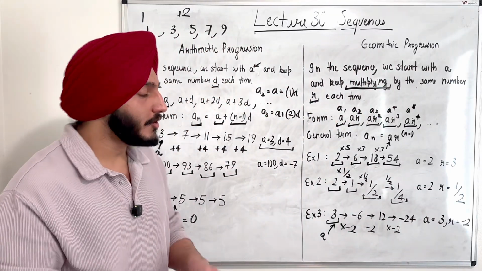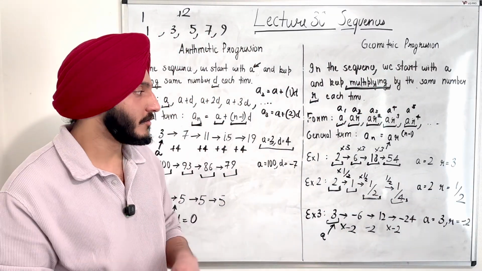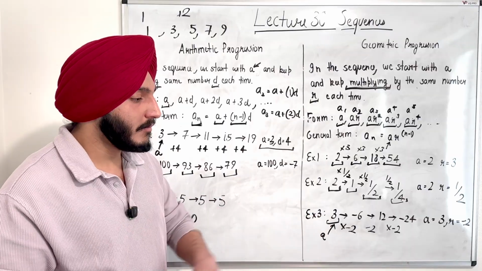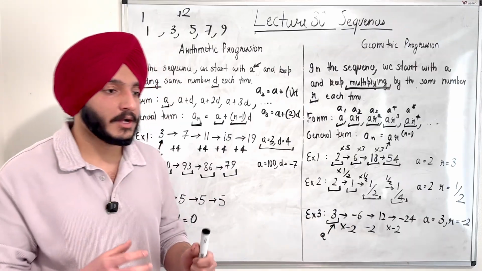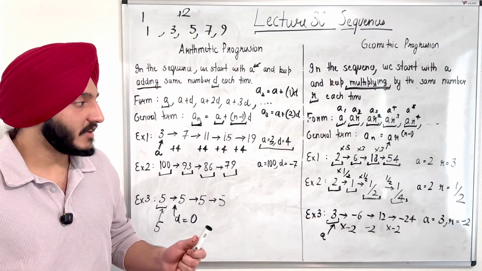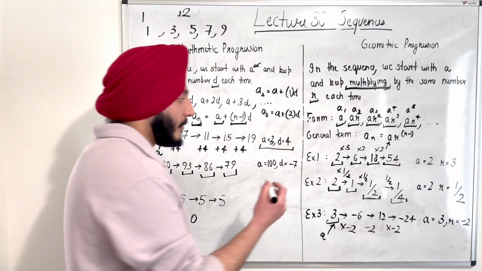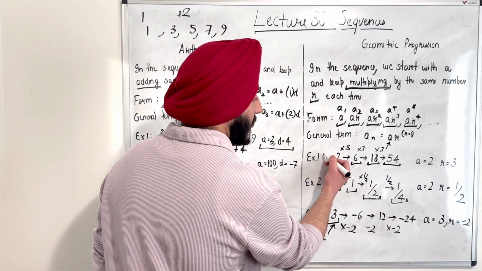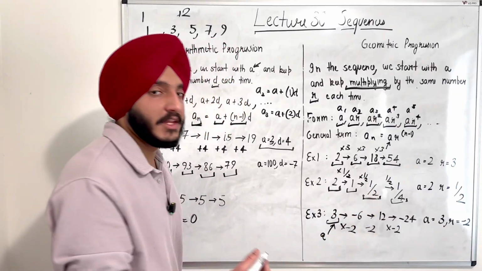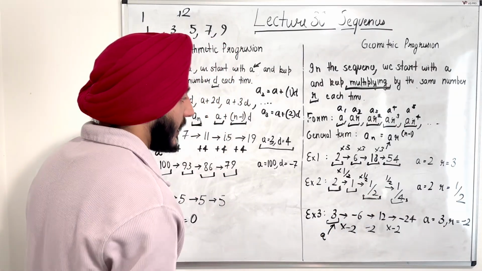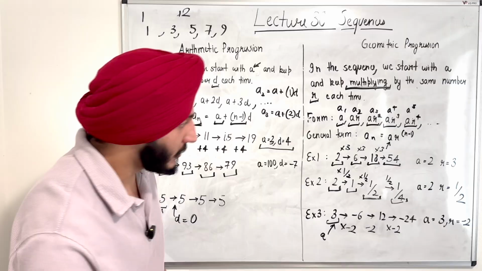So in this case, the R value is -2. Now, the reason I've chosen these specific examples is because of their importance. Example 1 shows that there's exponential growth when the R value is greater than 1. I'll try to note this down.